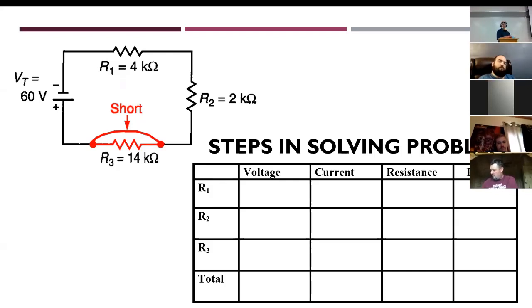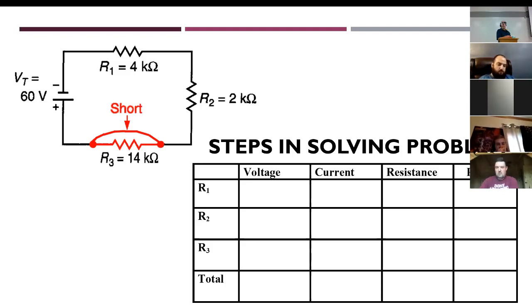Yeah, good? All right. So the current that's going to be flowing through this is going to be how many amps? Think about how you calculate amps and think about the total resistance, total voltage.